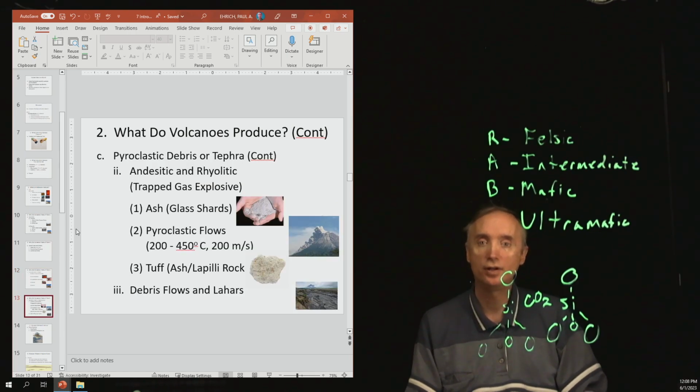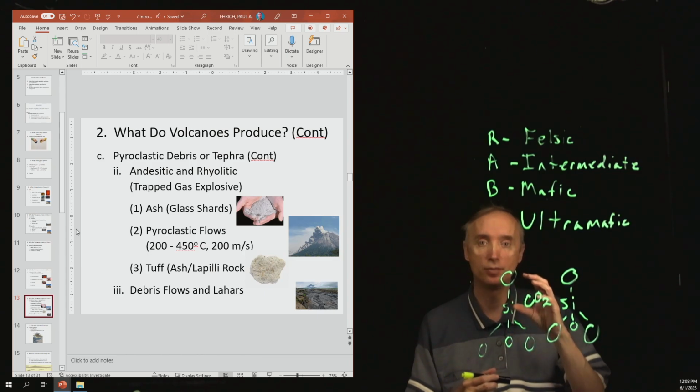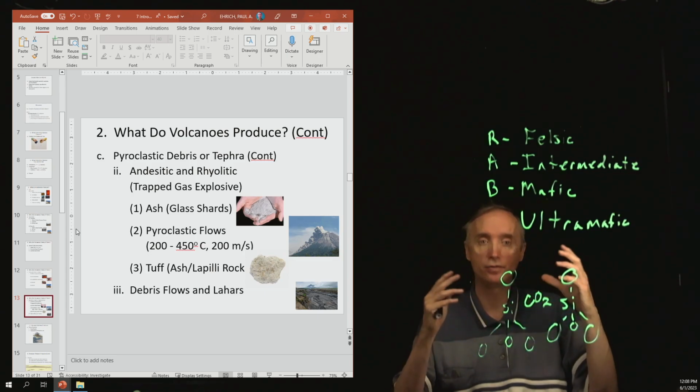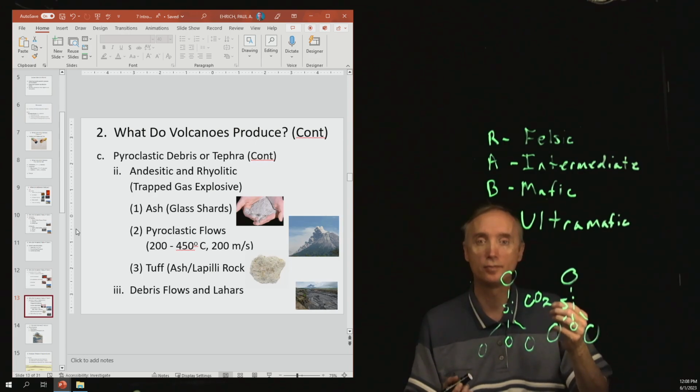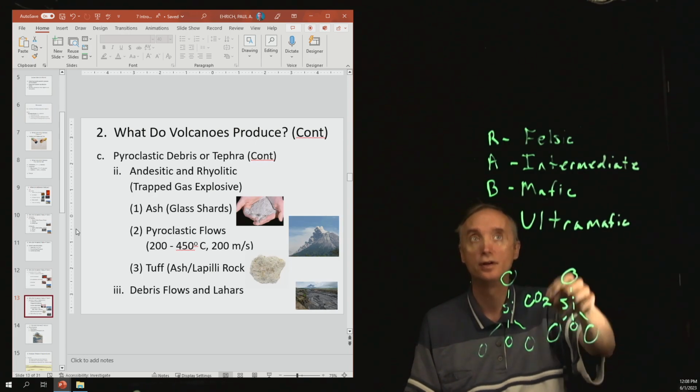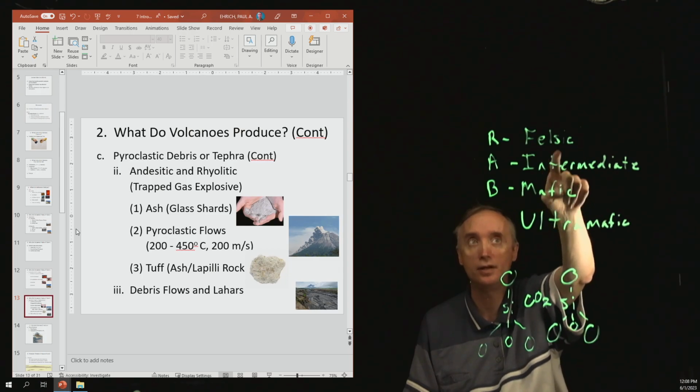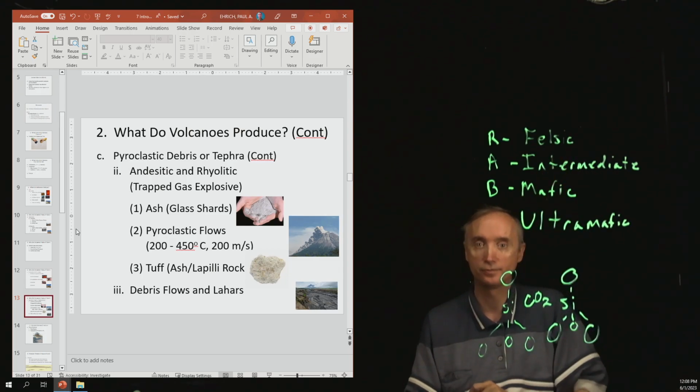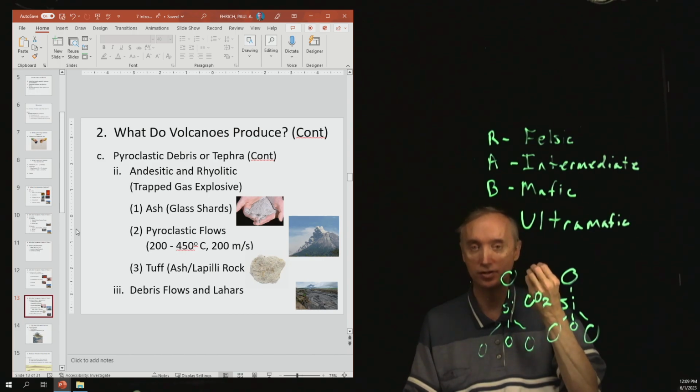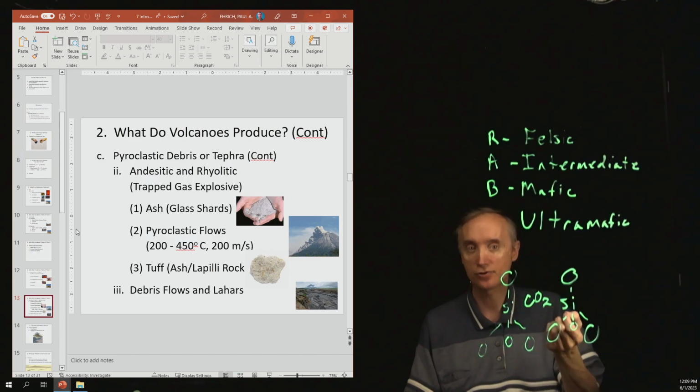Okay, then you can have andesitic and rhyolitic pyroclastics. These are the materials that fly through the air, and they come from an eruption of either the felsic or the intermediate type of materials. So you can have rocks that essentially explode and turn into glass shards, which is going to be ash.